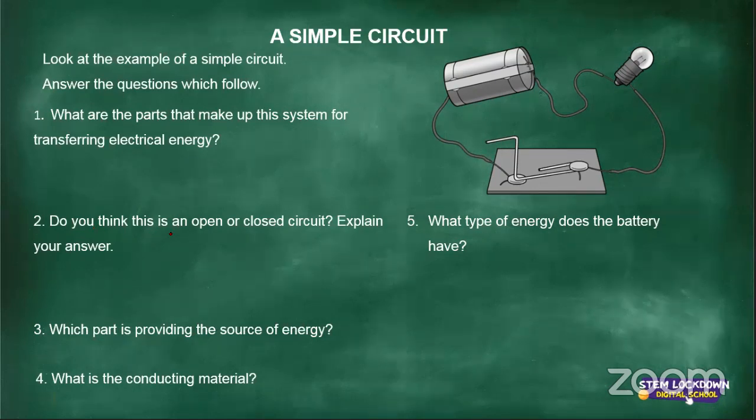Do you think this is an open or a closed circuit? And then you must give a reason why you think that. And then which part is providing the source of energy? And then what is the conducting material? And what type of energy does the battery have? So you're going to tell me what type of energy. Remember, there's different types of energy.